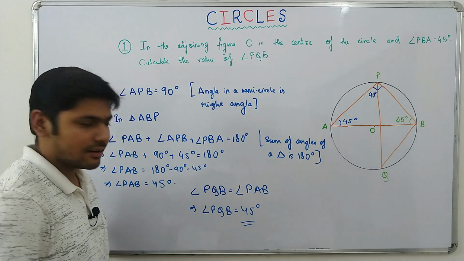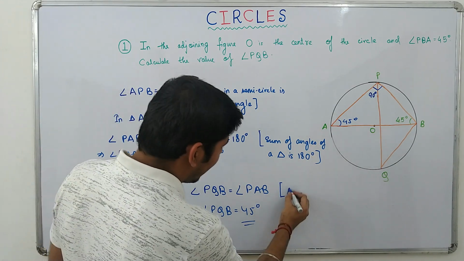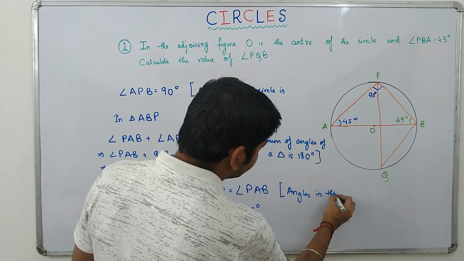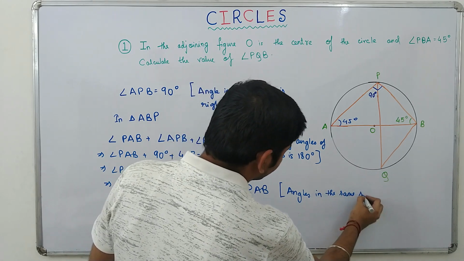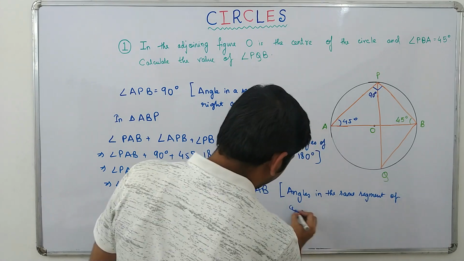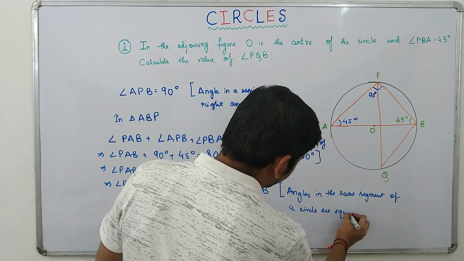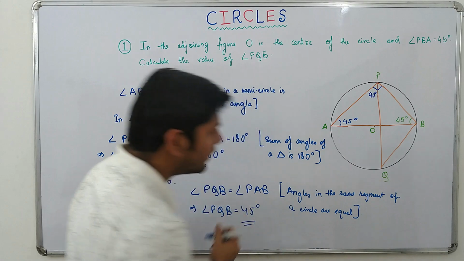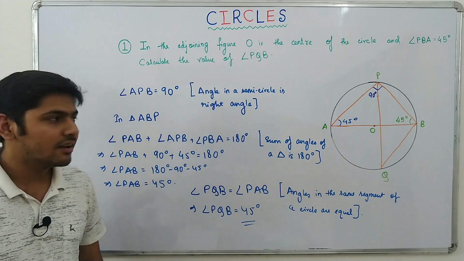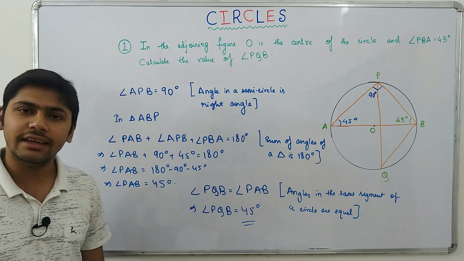We get the answer, and beside it I will write the theorem that I have used, which is angles in the same segment of a circle are equal. So done. So basically when you face a question of circle, try to determine the theorems and apply them properly. You will definitely get the answer.